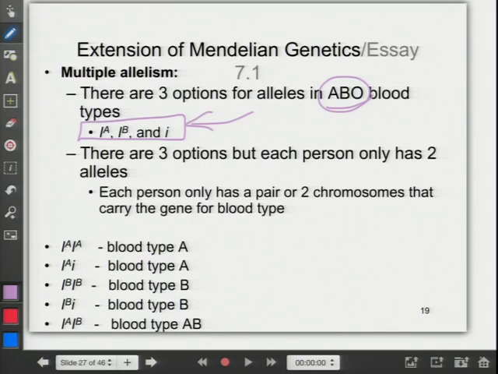They're co-dominant to each other, and they're dominant over the other one. And so we can't just give them A or B or O as our alleles, because in genetics that suggests those are different genes. All the alleles always have the same letter, big B, little b, big R, little r.